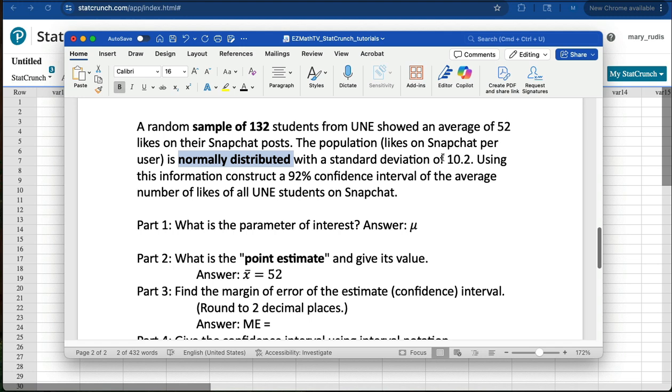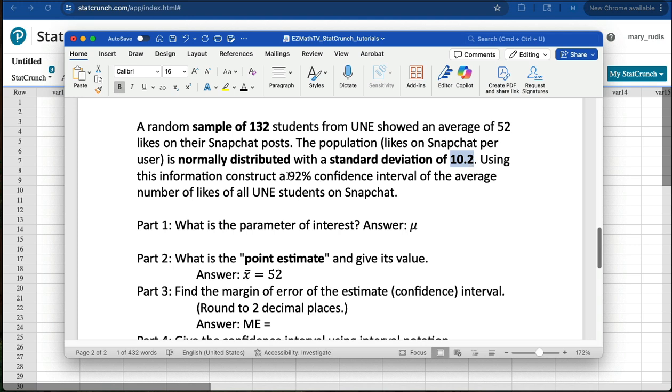Even though it doesn't use the symbol for sigma, the statement here is that the population is normally distributed with a standard deviation of 10.2. So is the 10.2 tied to the sample or is it tied to the population? It's tied to the population. So that is a sigma value. 10.2 is a value of sigma, not S.